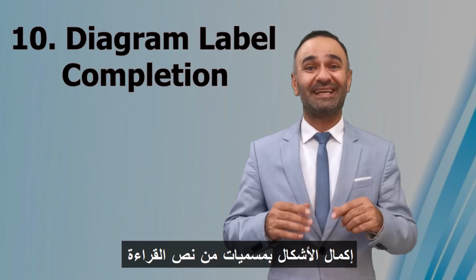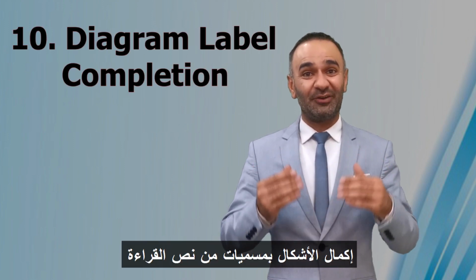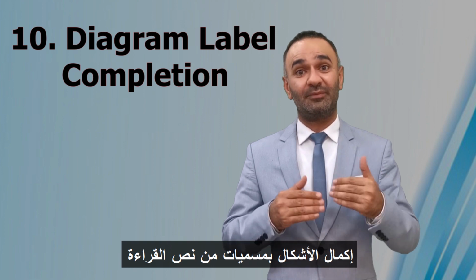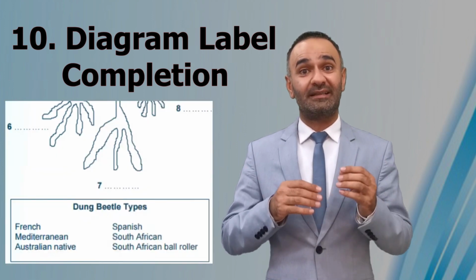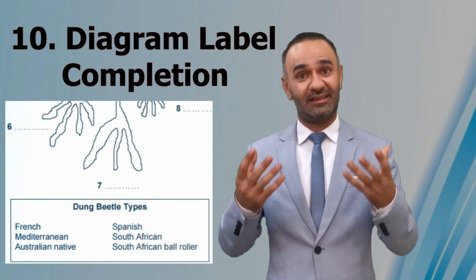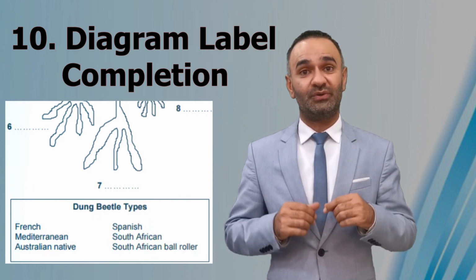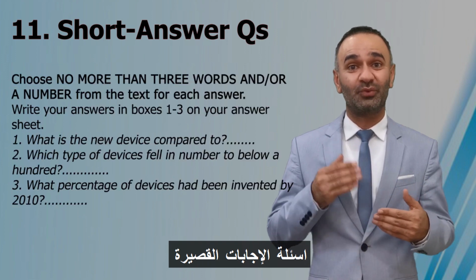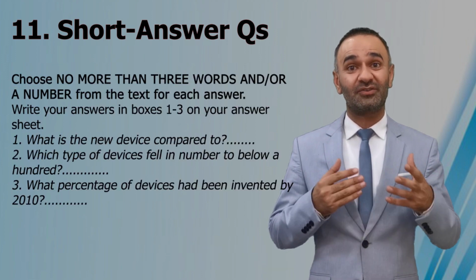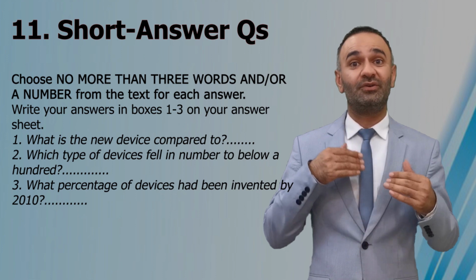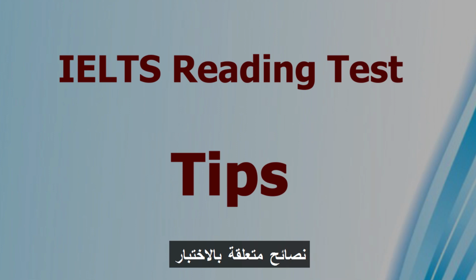Diagram label completion is another question type, in which you are required to complete labels on a diagram which relates to a description located in the reading passage, and the instructions will tell you how many words you should use in your answers. And finally, in short answer questions, you're required to write words or numbers that answer questions that relate to factual information about details in the reading passage.